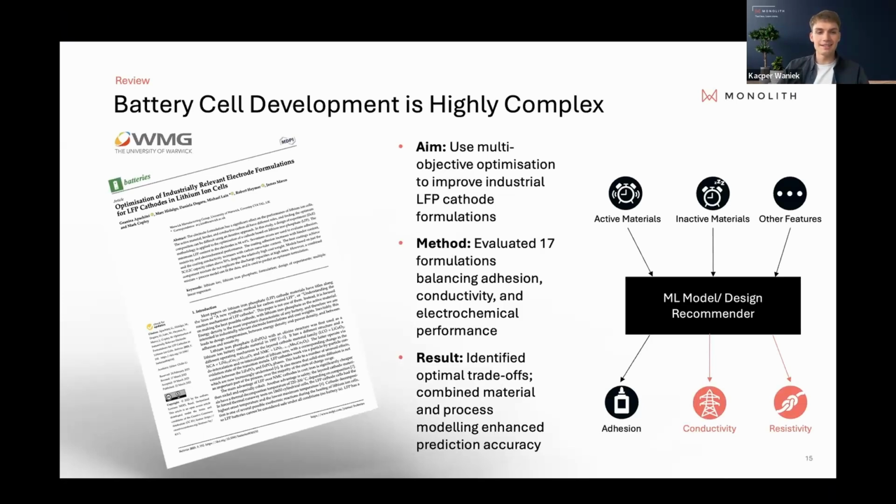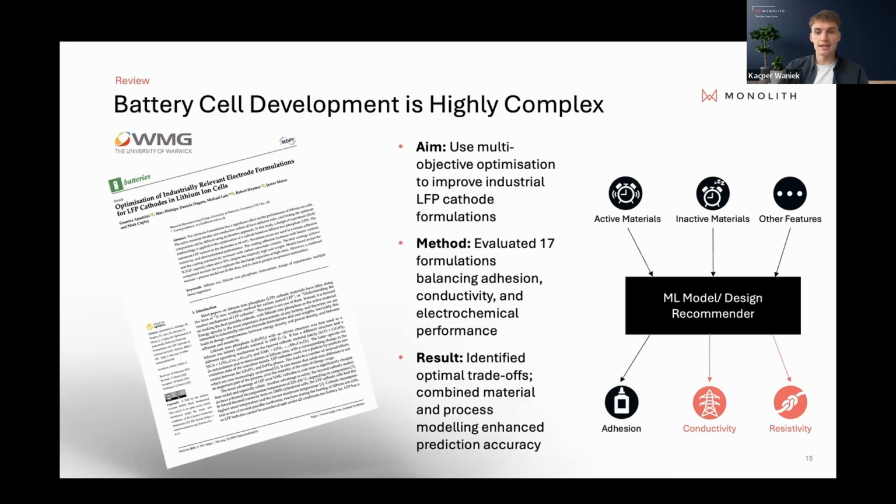The work we're looking at today comes from a research paper by the University of Warwick. It's exploring the complex relationship between electrode formulation, processing, and performance in lithium-ion batteries.